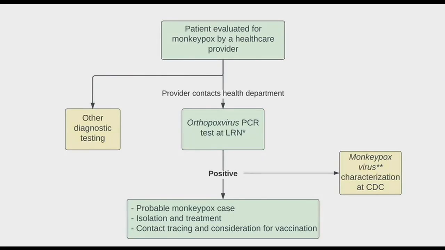For laboratory tests, we rely on PCR. So the patient is evaluated for monkeypox by a healthcare provider, and if they have very characteristic skin lesions and contact histories, then they need to send the specimen to do the PCR.